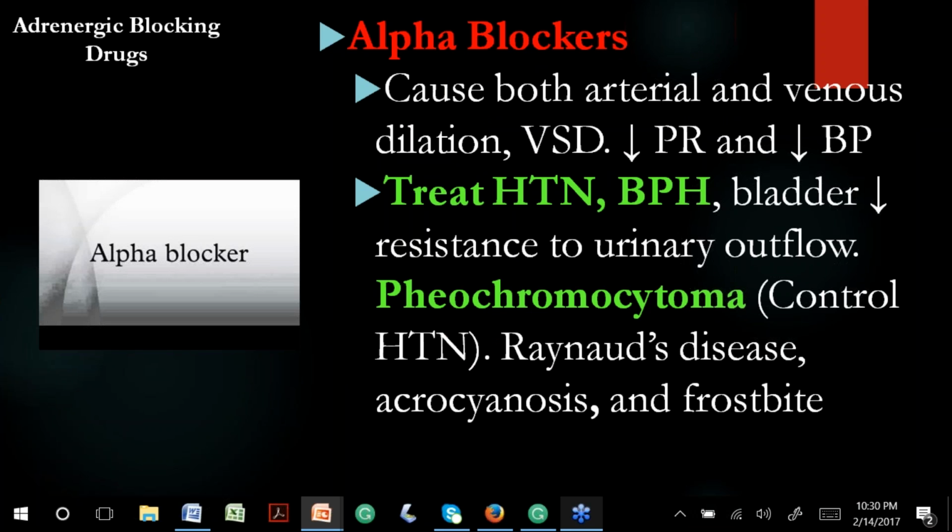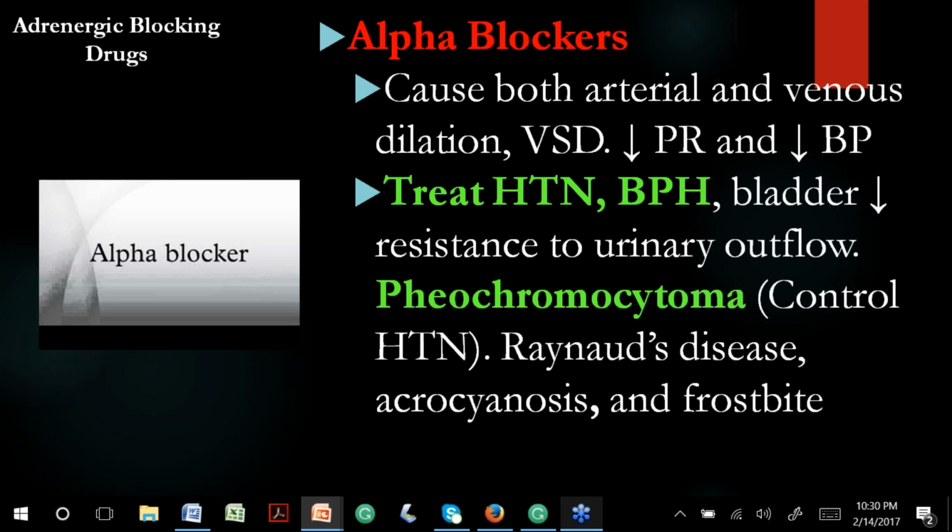We already talked about alpha 1 vasoconstriction. Alpha 1 blockers promote vasodilation. Alpha 2 produce vasodilation. Alpha 2 blockers can lead into vasoconstriction. Beta 1 agonists increase heart rate and contractility, and the beta 1 blockers do the opposite, decrease the heart rate and contractility.